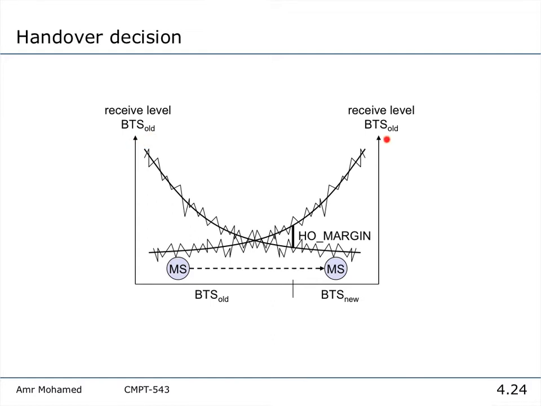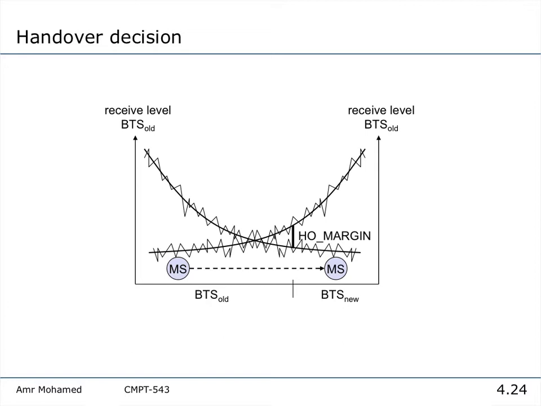So if the mobile station is moving from one BTS to another, typically the channel to the old BTS will start to decay, and the channel for the new BTS will start to be stronger, right?